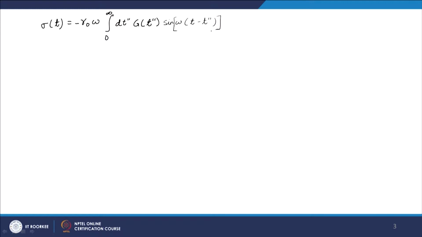If I expand the term in the sine, what I will get is sine omega t cos omega t double prime minus sine omega t double prime cos omega t, and this would then give me a gamma naught omega term.